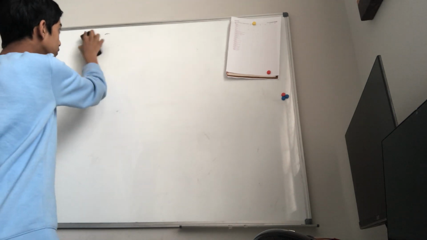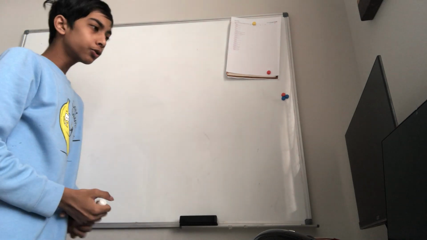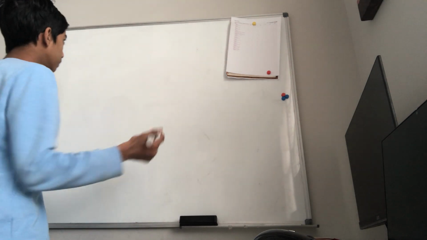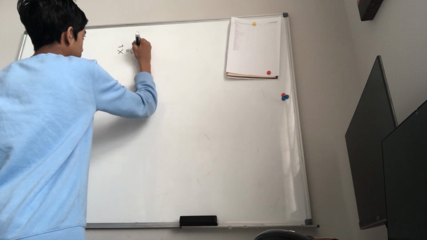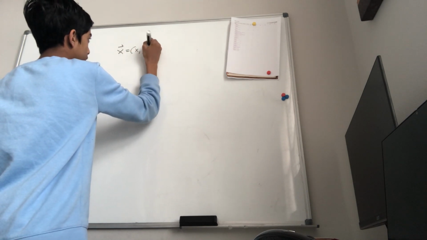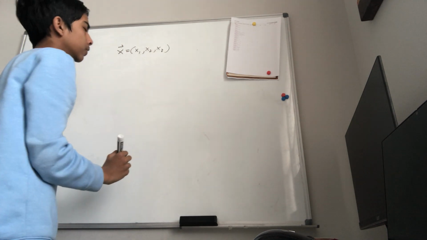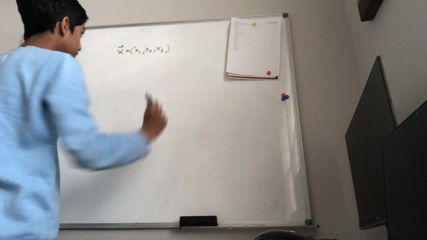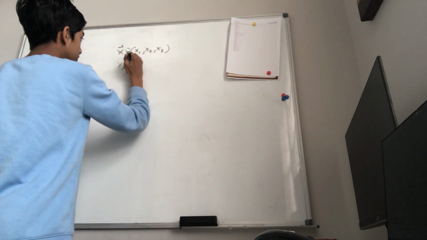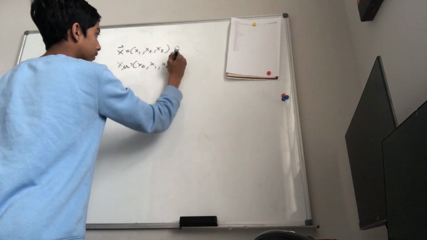So how would this actually apply to relativity? Well, usually we have our 3-position, which is x vector, equal to, of course, x1, x2, x3. In this case, we're using covariant indices. And this time, since we have 4-dimensional space-time, it is equal to x0, x1, x2, x3.